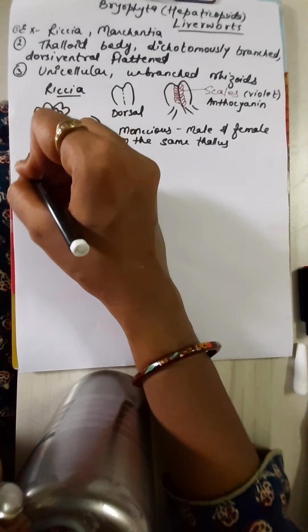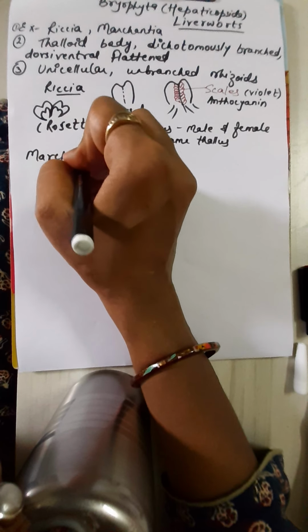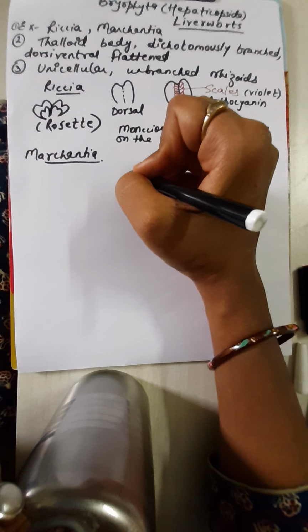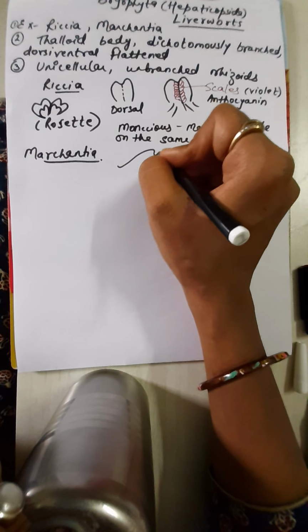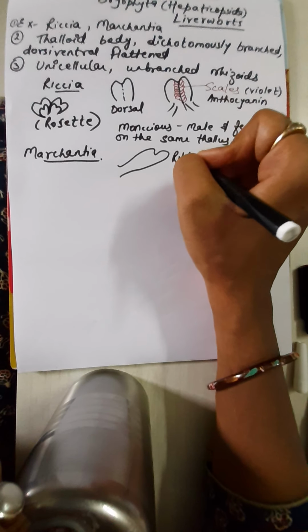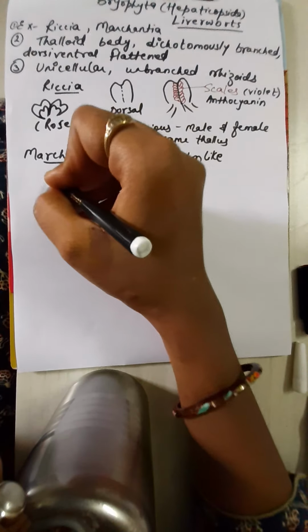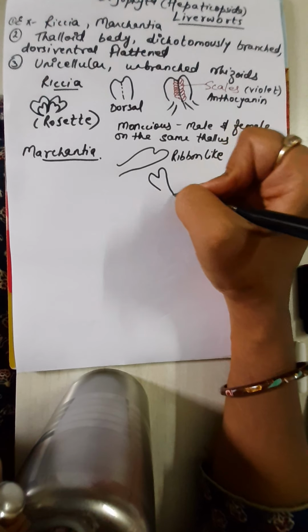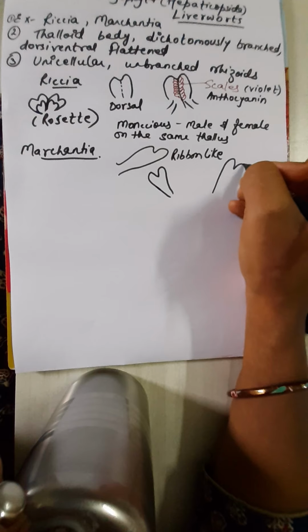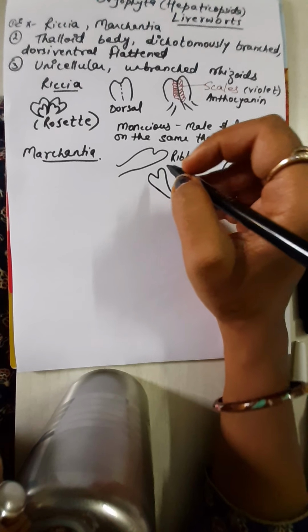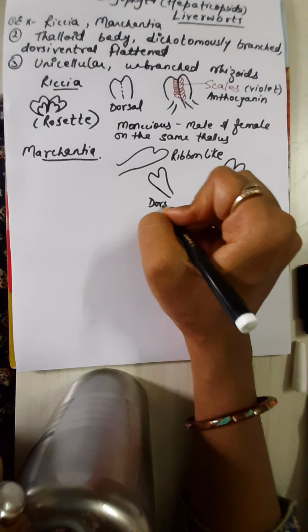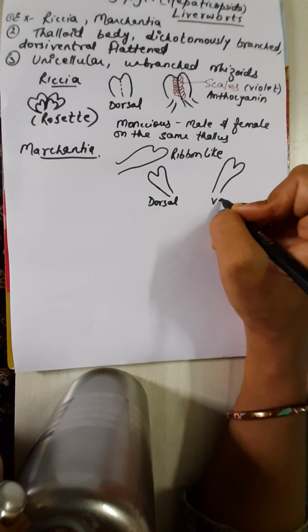Next we will discuss Marchantia. About Marchantia, the thallus is somewhat ribbon like, and they have gemma cup. It is dorsal, and it is ventral.